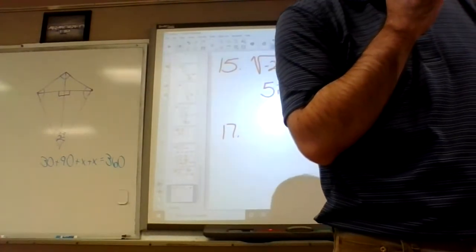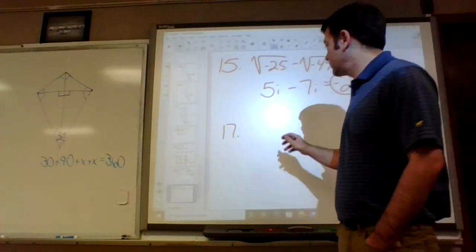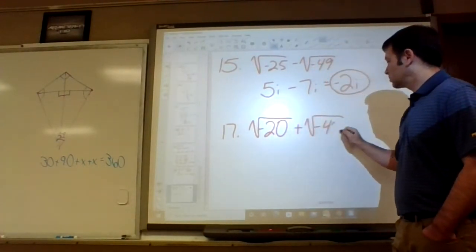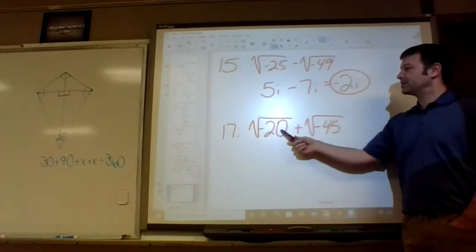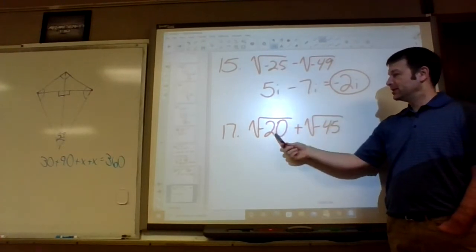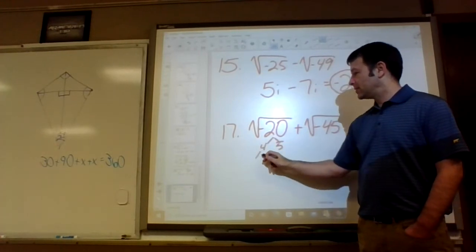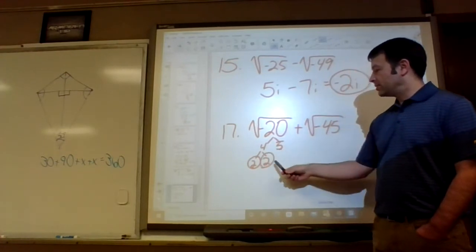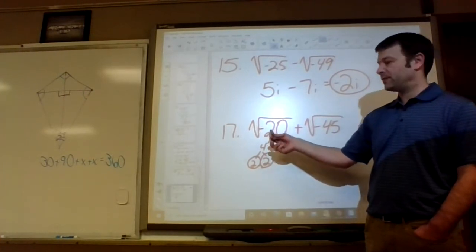Negative 20, negative 45. Alright, 20 is, kind of like this one, not quite as easy because that doesn't have a perfect square root. But it does simplify because it's got a double 2 in there. So this, instead of being 2 square root of 5, it's 2i square root of 5.